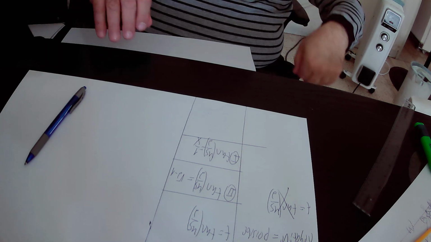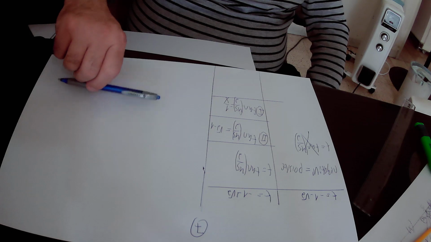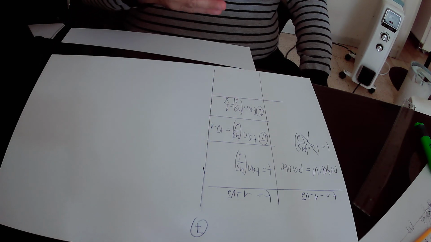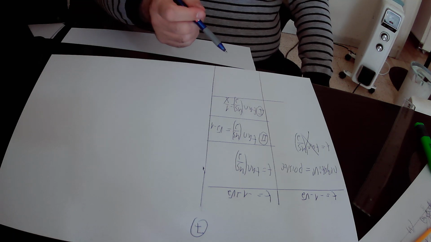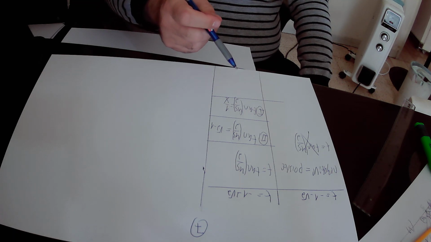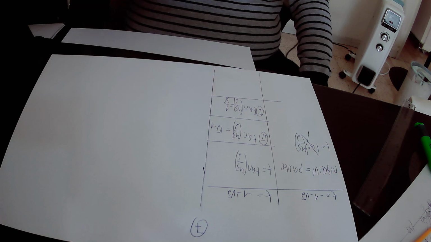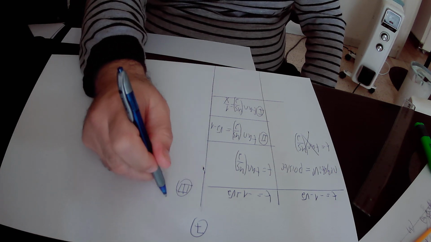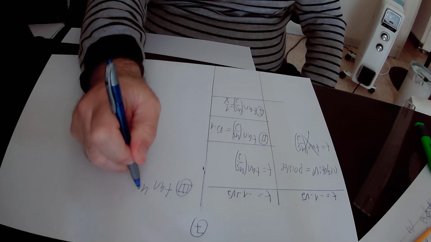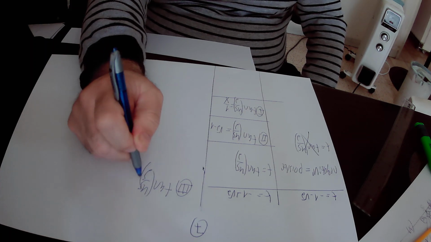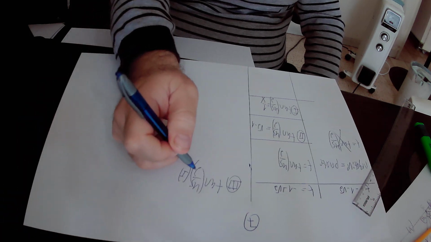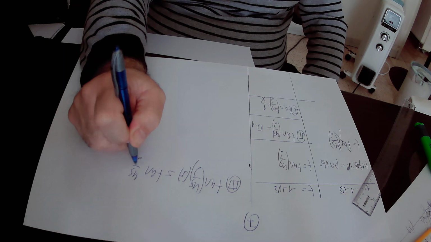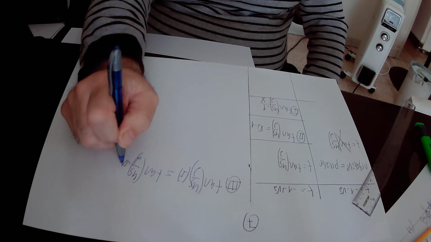Therefore, we'll create here equation number 3. We have two different expressions for the value of tangent 45 over 2 degrees. Therefore, equation number 3 states that tangent 45 over 2 degrees according to equation number 1 must be equal to tangent 45 over 2 degrees according to equation number 2.